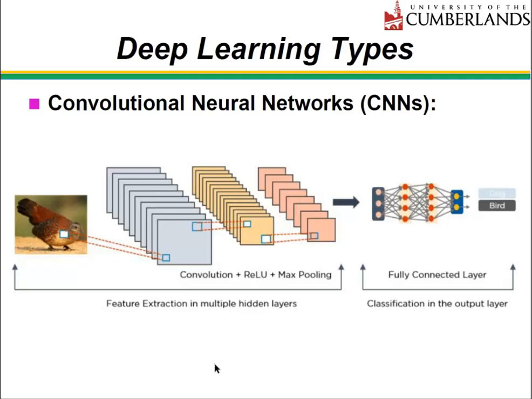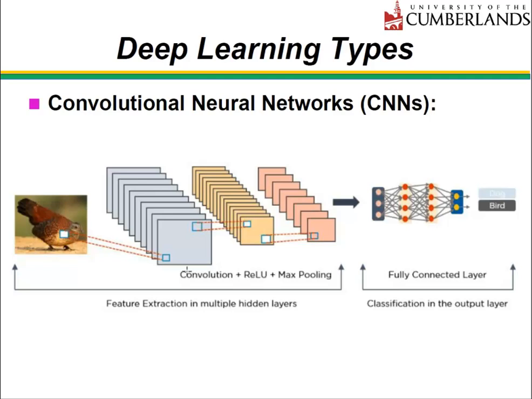We create a vector of all these intensities, and that's the input to the convolutional neural network. The image then goes through multiple convolution layers with different filters. And each layer learns to detect different types of features in that image.